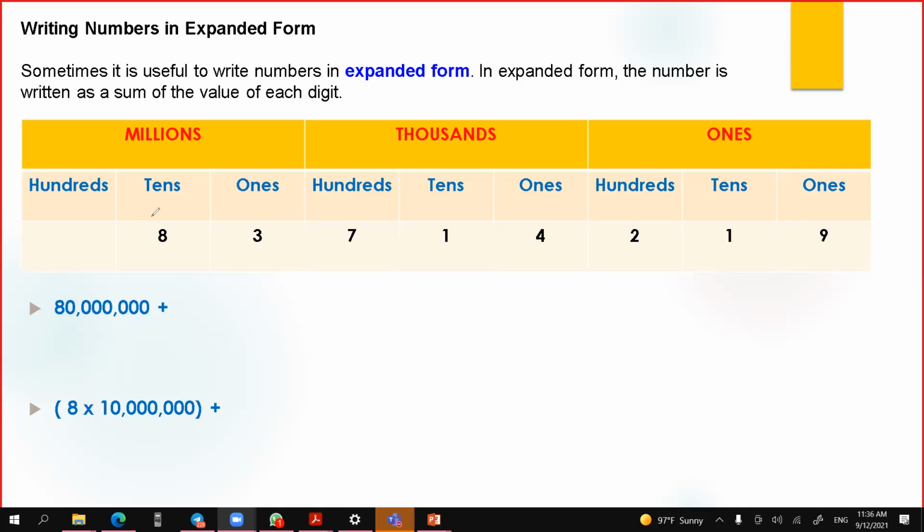We have 83,714,219. I need now to write the expanded form for this number. Did you remember how?